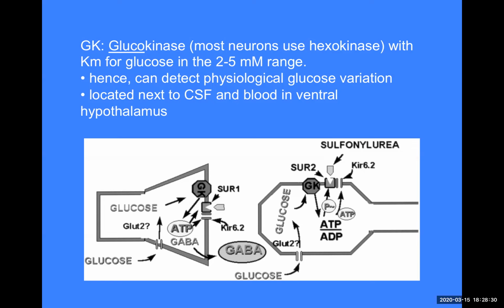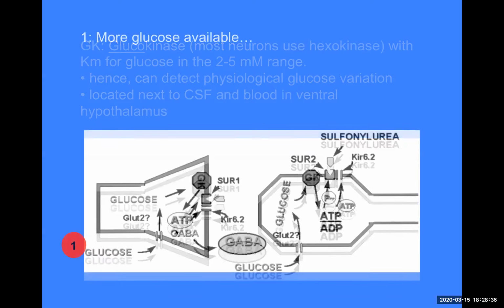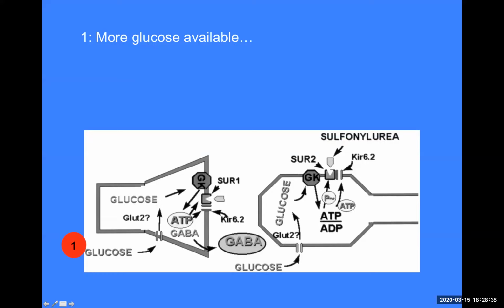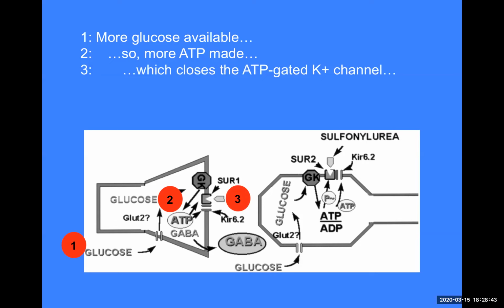That level is a level where glucokinase changes how much ATP it makes. You get more ATP, that closes the potassium channel, makes the cell a little bit more excitable by keeping some of those positive charges on the inside, and therefore the cell fires.